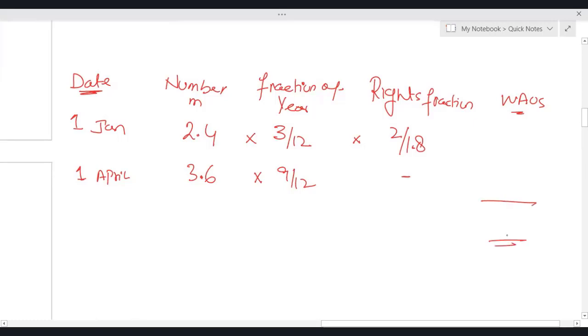Now let's multiply. 2.4 multiplied by 2 divided by 1.8 divided by 12 times 3, I'm getting 0.6, let's say 0.67. Then 3.6 multiplied by 9 divided by 12, I'm getting 2.7.